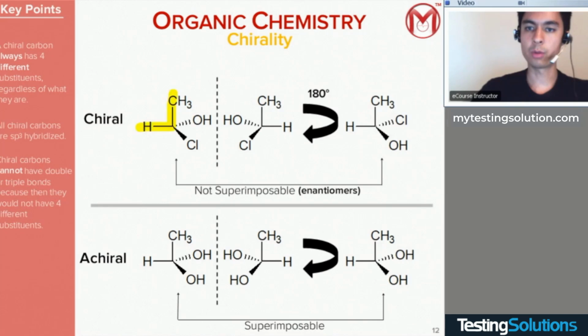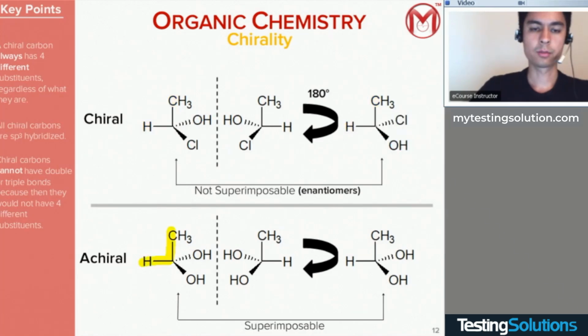You can see I've matched up the H and the CH3, but the OHs no longer match up and the Cls no longer match up. And what that tells me is that the mirror image of this molecule is not the same as the molecule itself. Not all molecules are chiral. Not all carbon atoms are chiral.